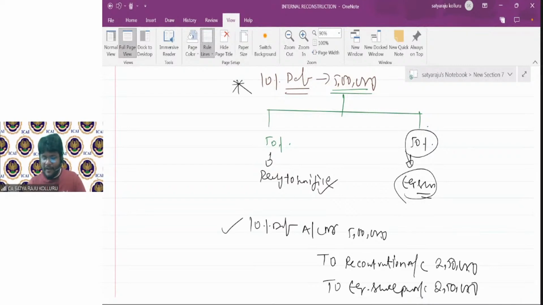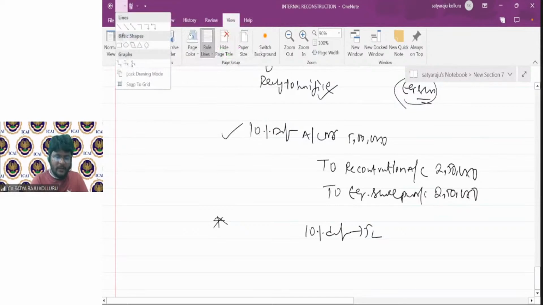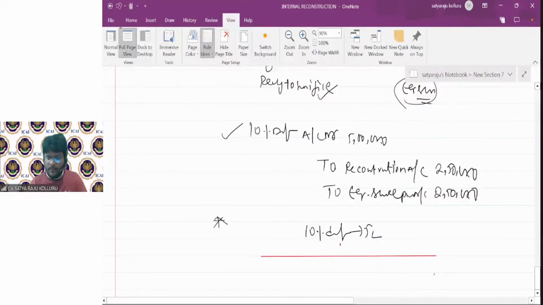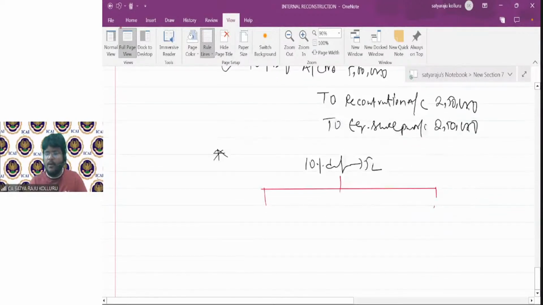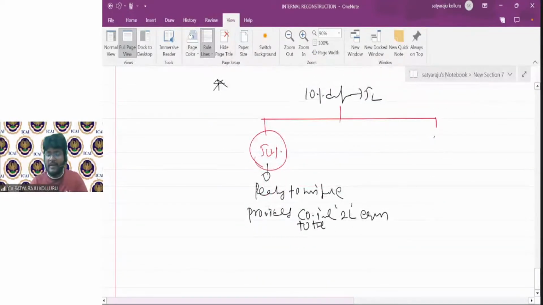Nothing is great here. Let me give one more situation. Take the same 10% debentures for 5 lakh. But right now, to the extent of 50% the debenture holders are ready to sacrifice, provided the company issues 2 lakhs worth of equity shares to the sacrificed debenture holders.